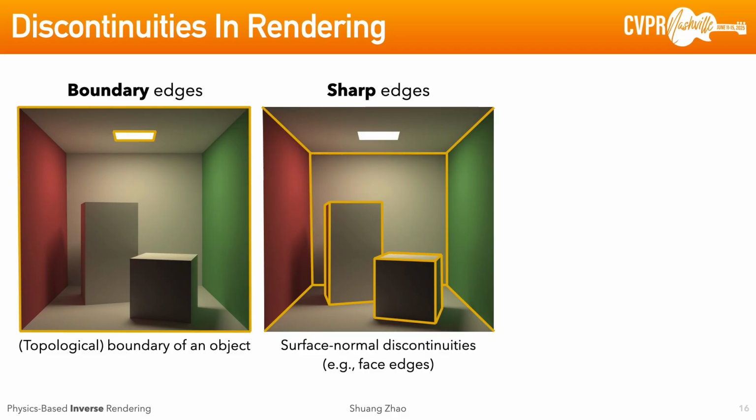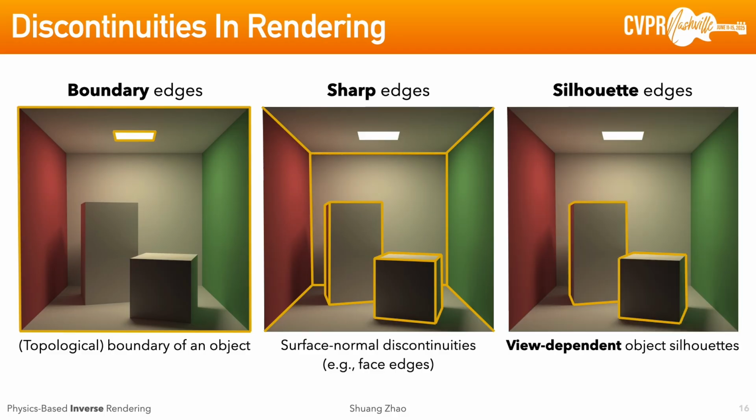So that's a certain type of discontinuity. And of course, the third type of discontinuity is silhouettes, right? That's the visibility-related discontinuity. Something to be aware of is that the third type of discontinuity generally exists regardless of how smooth your surfaces are, as long as you have occlusions, right? So that's kind of problematic.